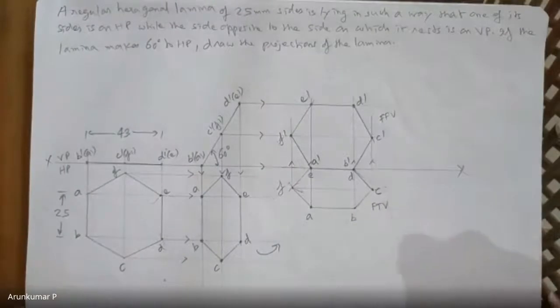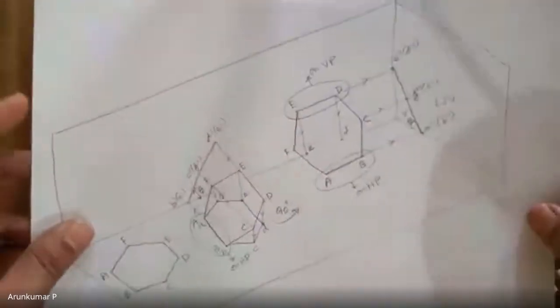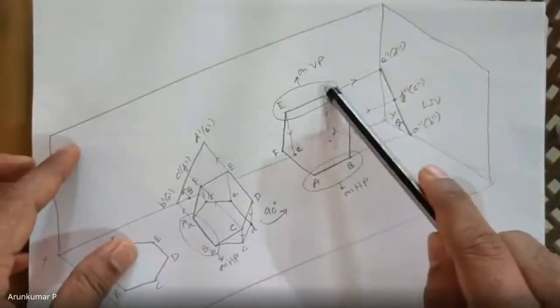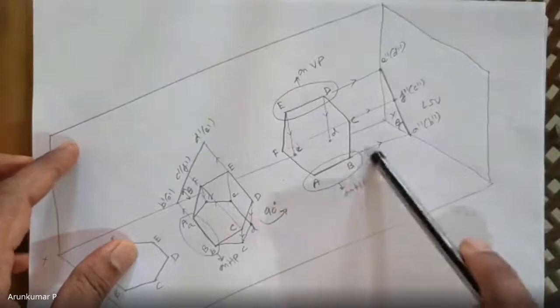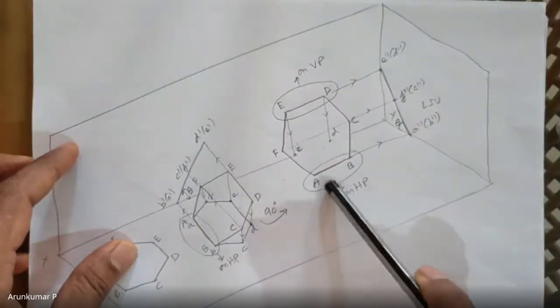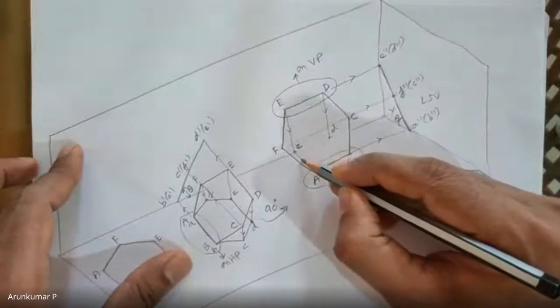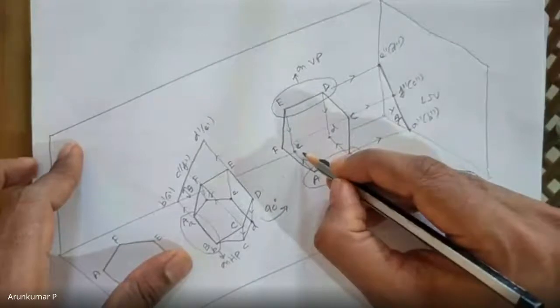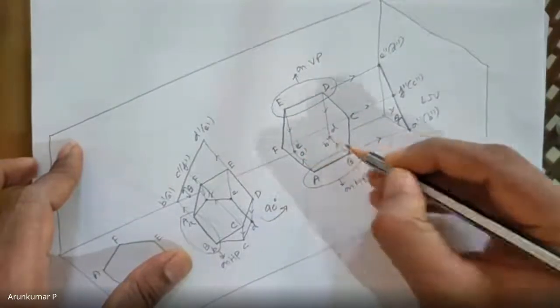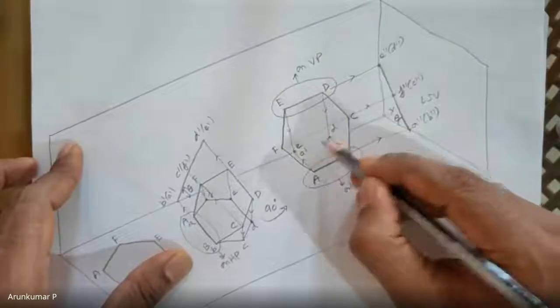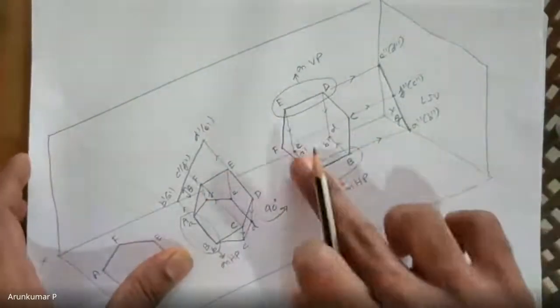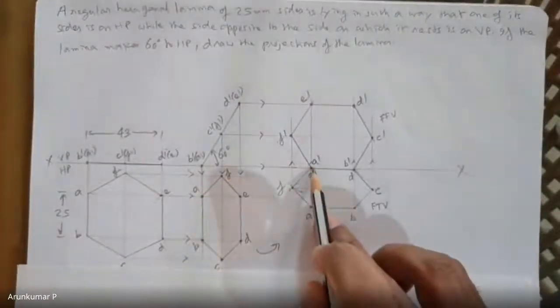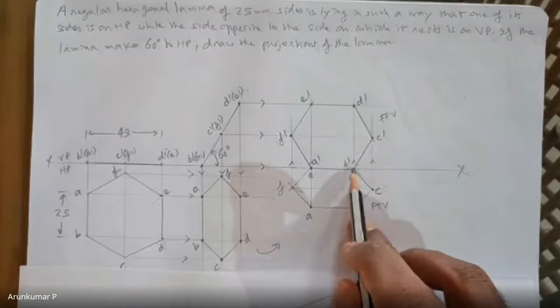Now, how do you know that this is right? You can cross check. We expect that AB should be on HP, so its front view, that is A dash and B dash, should be on the XY line. Let us check whether A dash and B dash are on the XY line. Yes, you can see here A dash, B dash is on the XY line.